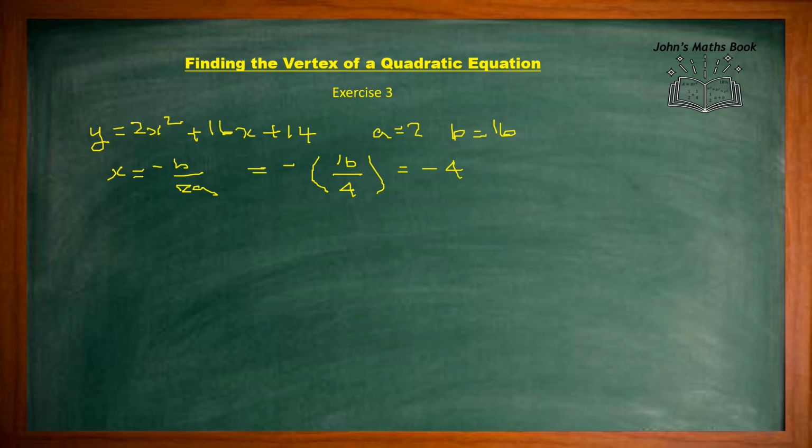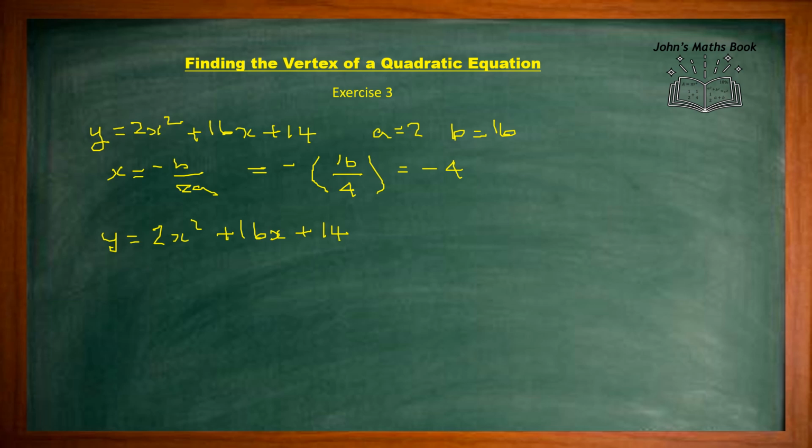Now let's solve y is equal to 2x squared plus 16x plus 14 and substitute for x is equal to minus 4.